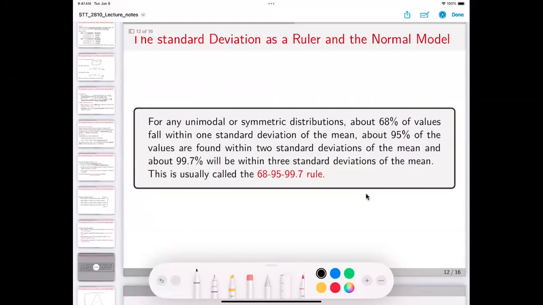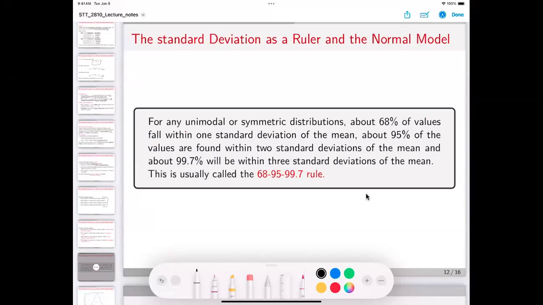The next thing we want to talk about is the 68-95-99.7 rule. This was initiated by a man called De Moivre. What he's saying is that whenever you have a symmetric distribution, we've already talked about symmetric distribution, which means that they are bell-shaped, right?